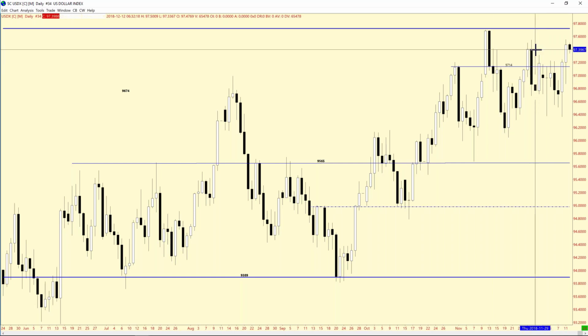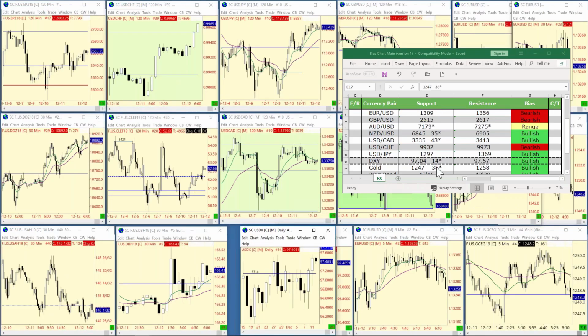If we lose that 40, then it's going to feel as if the market might be losing some momentum. So keep an eye on that, because we just got above 40, and that was also these two spikes here. So it's actually 97.40 that you want to keep an eye on with the cash dollar index.